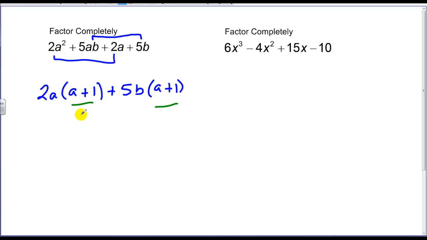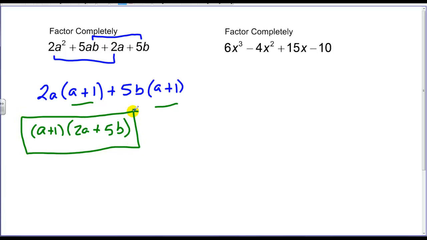So I can use that as another GCF and factor a plus 1 out. A plus 1 times what is 2a times a plus 1? That's just 2a. And then a plus 1 times what is 5b? That's just 5b. And there's our factored term.